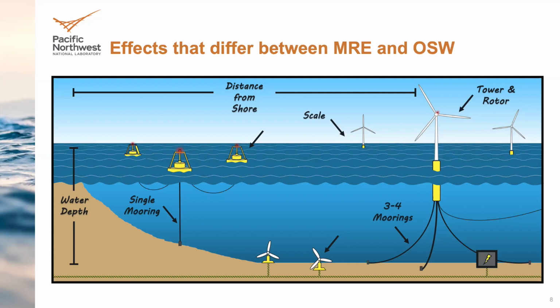Also, while most wave devices are likely to have a single mooring, and the same is true of most floating tidal, in order to keep these larger wind platforms in place, very typically it would be 3 to 4 mooring lines. And of course, the amount of power that's being moved from the wind turbines is greater.